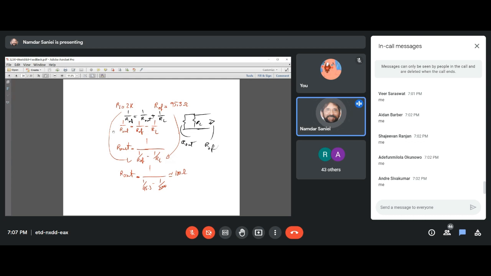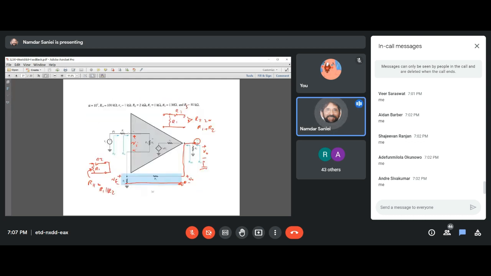Basically, we defined three input resistances, three output resistances. This is the input resistance of the original amplifier. This is the output resistance of the original amplifier. What we see from the eyes of the source is the input resistance of the amplifier under negative feedback, the whole thing, right?